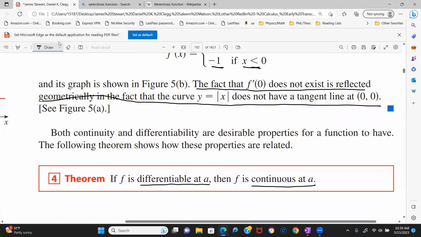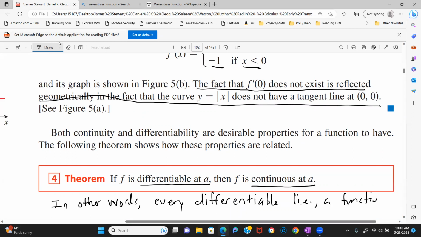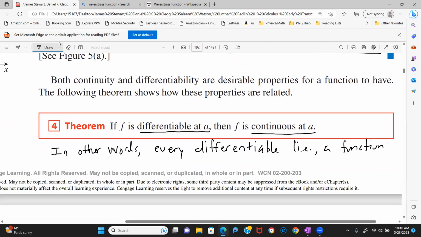So in other words, what this implies is that every differentiable function, that is, a function which has a derivative, is continuous.